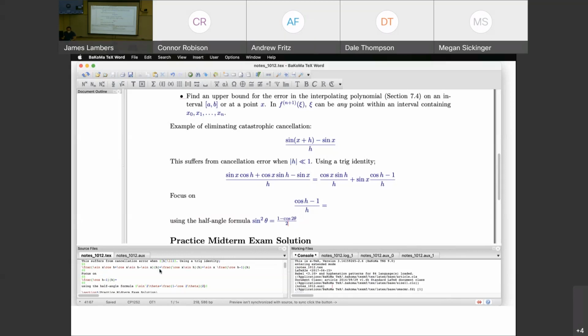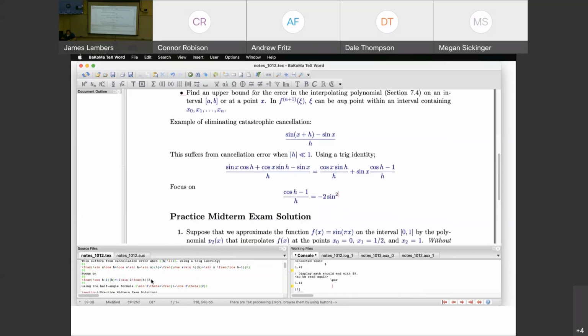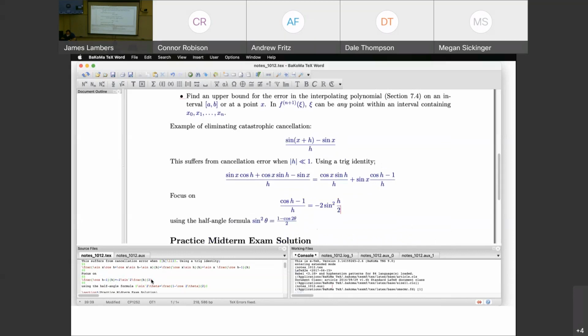So what we get from there is going to be minus 2 times sine squared of h over 2, all over h. Oh wait, I forgot about the h.